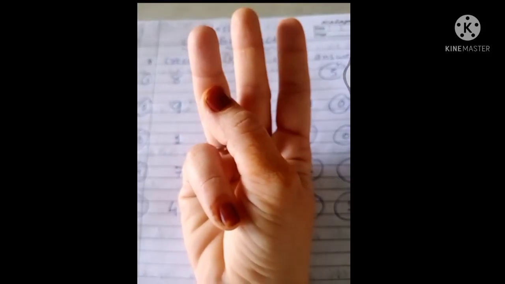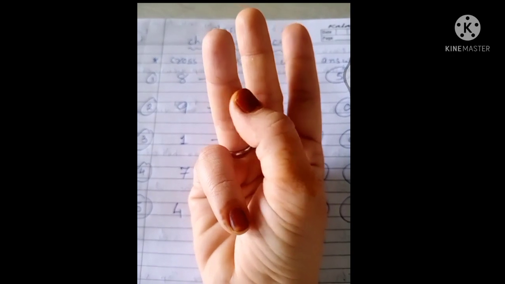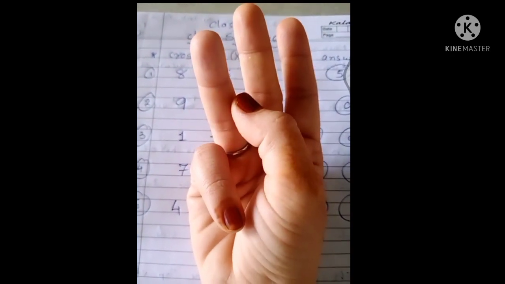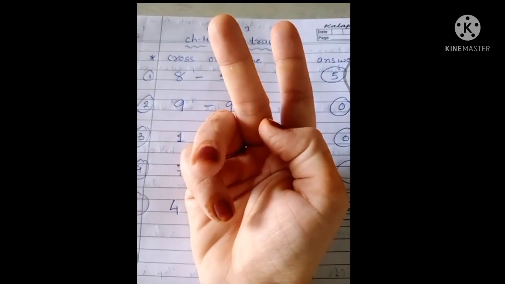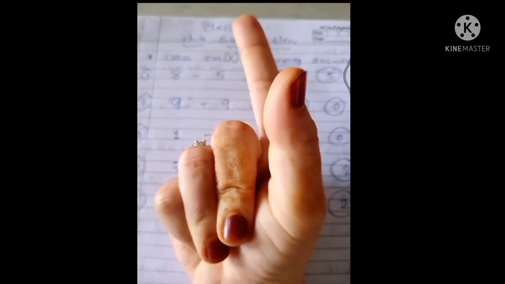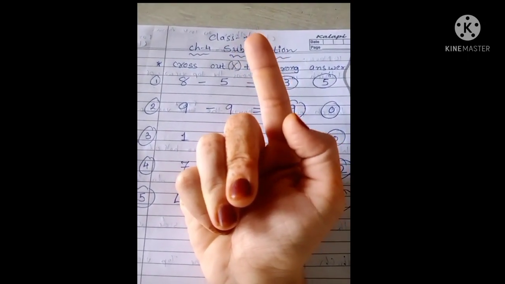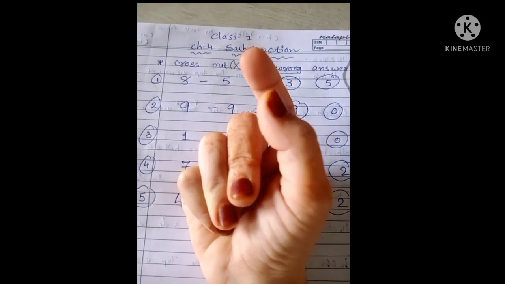Now from where we counted 8, from that we have to cut 5. So start from here. 1 2 3 4 5. So I have cut 5. Now after cutting 5, still how many remaining, students? So 1 2 3.